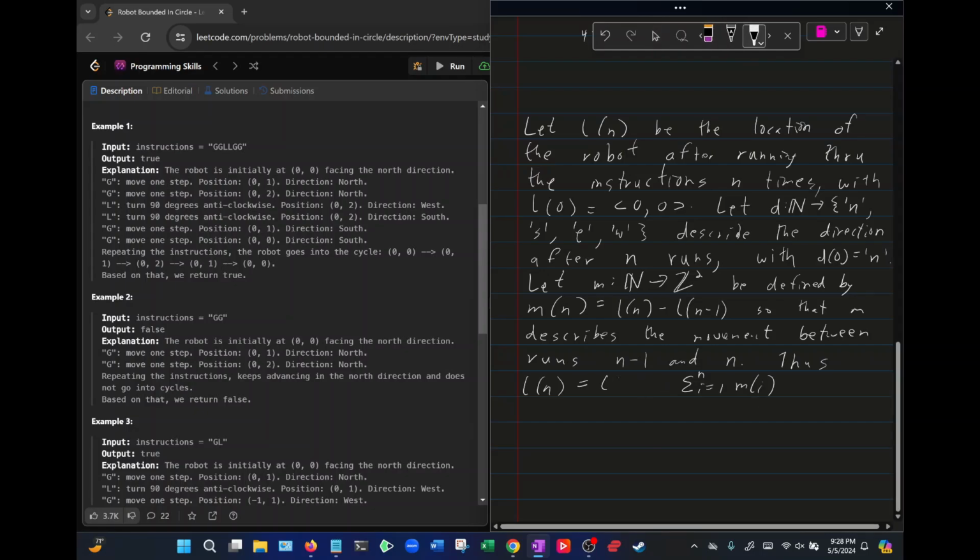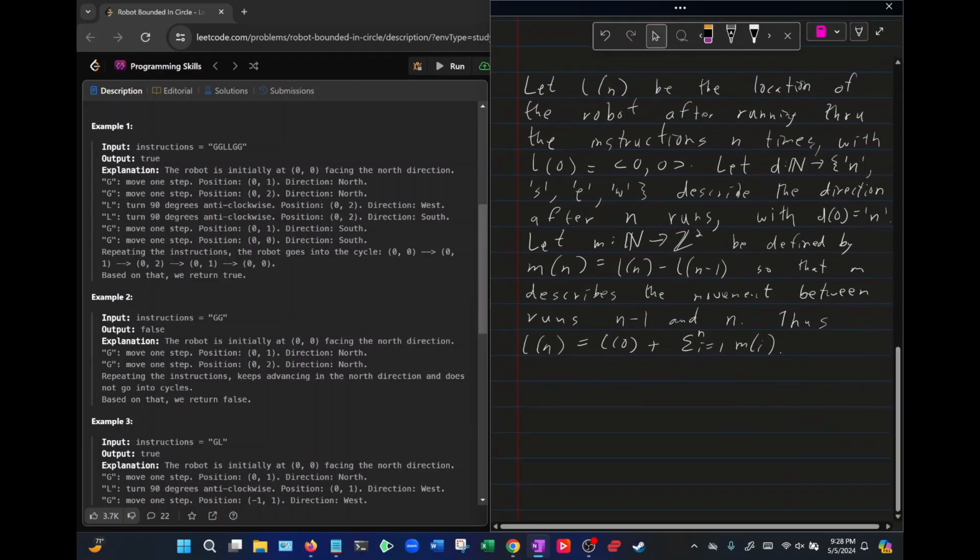But I'm going to include it just so that it coincides with our intuition. To get the location after n iterations, you just take the starting location and then add every incremental movement. These are all the definitions that we are going to use.